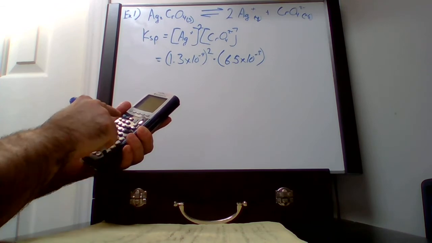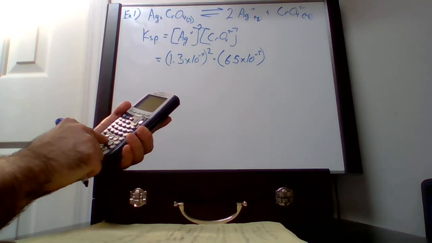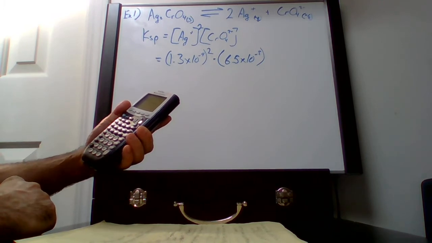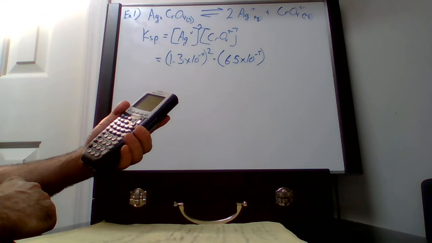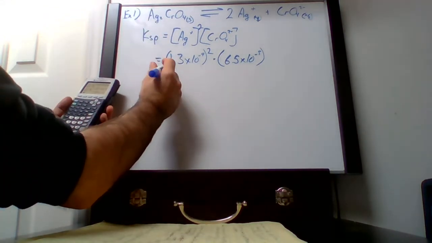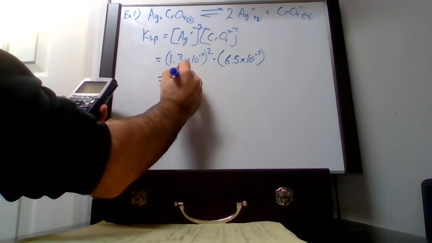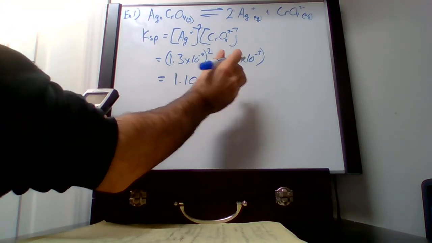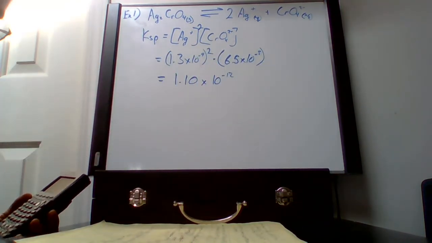Times 6.5 times 10 to the negative 5. And this gives us a value of 1.10 times 10 to the negative 12. And again, no units in there.